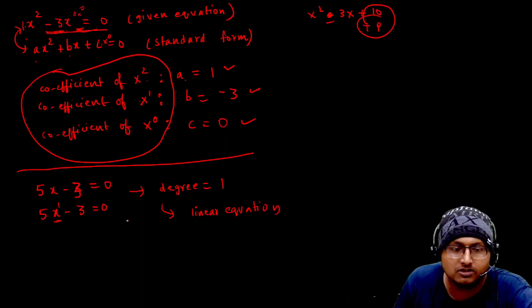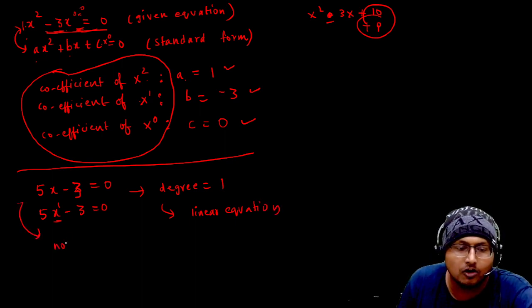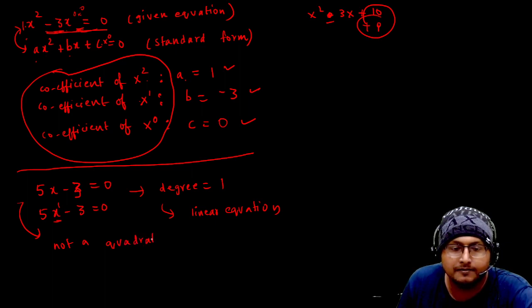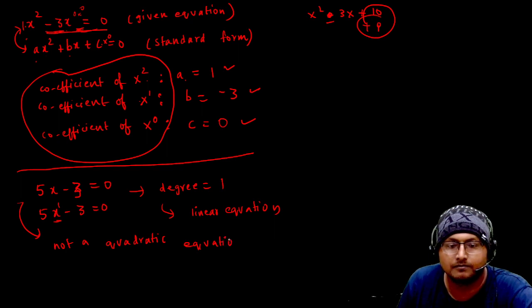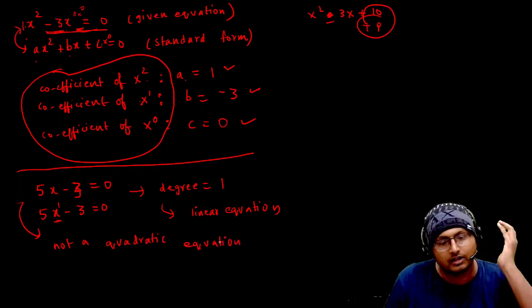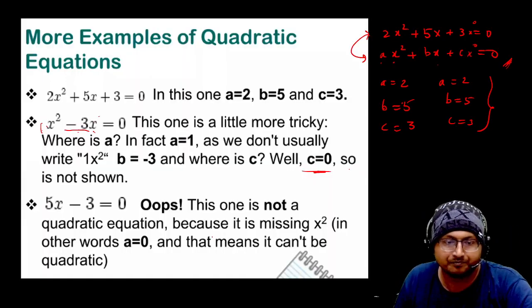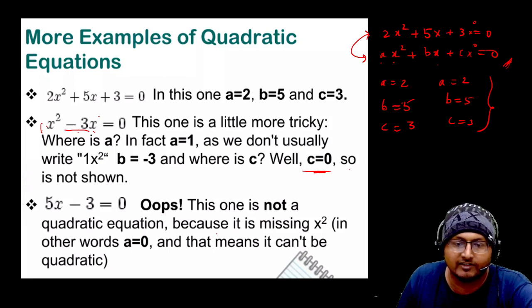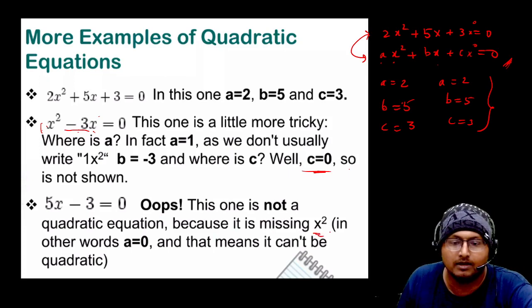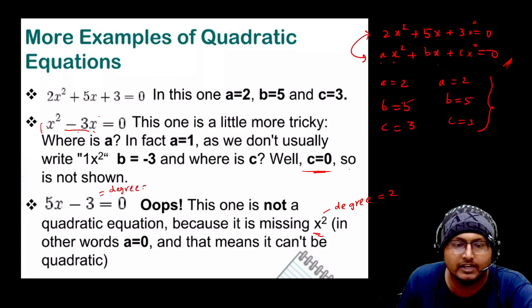So this is not a quadratic equation, this is a linear equation. It is missing the x square term, because a quadratic has degree 2, and this has only degree 1.